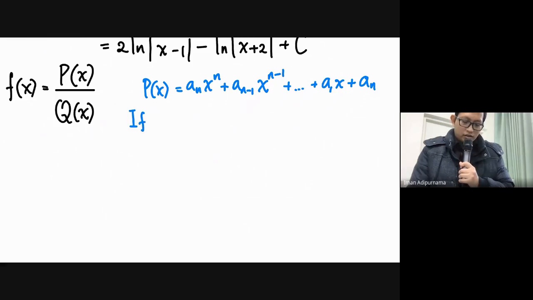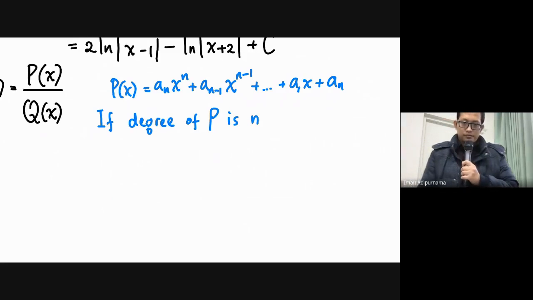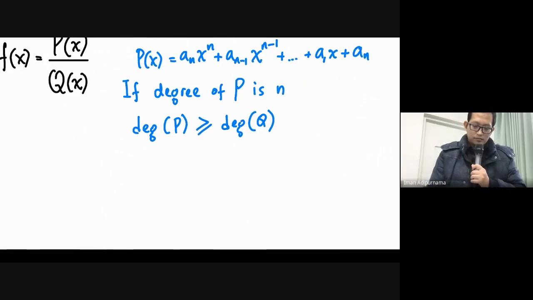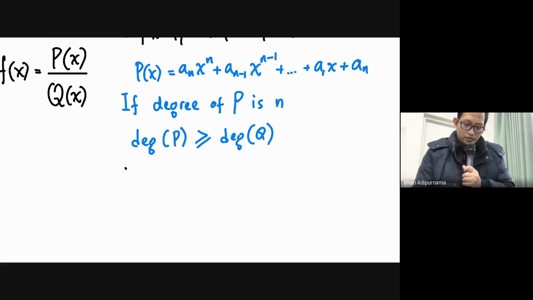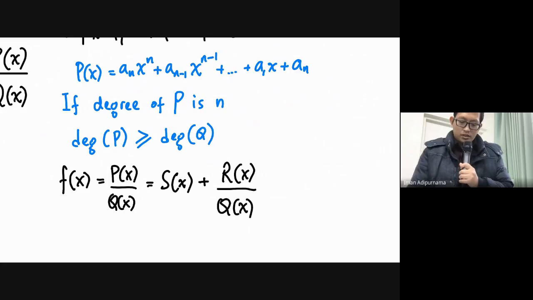And if the degree of p is n, and the degree of p is at least equal to the degree of q, then you can write the function of x: p over q is equal to a new function s plus r over q, and r is the remainder.